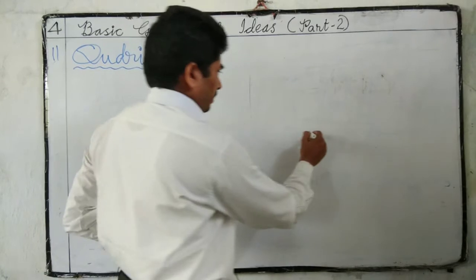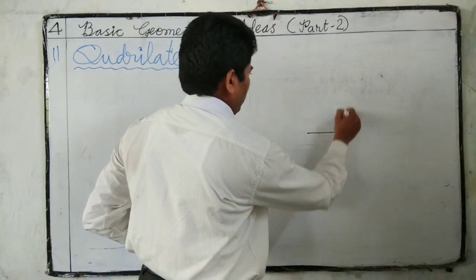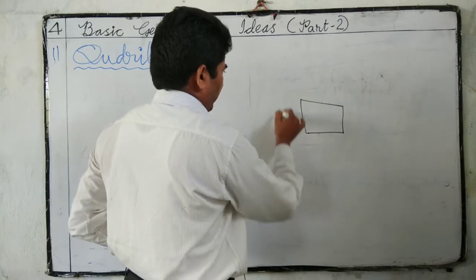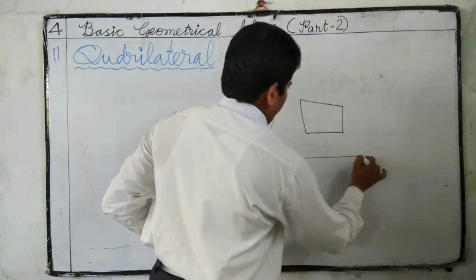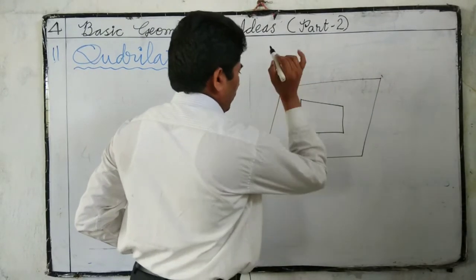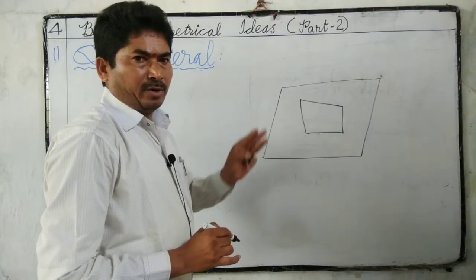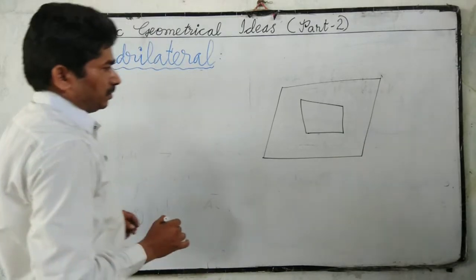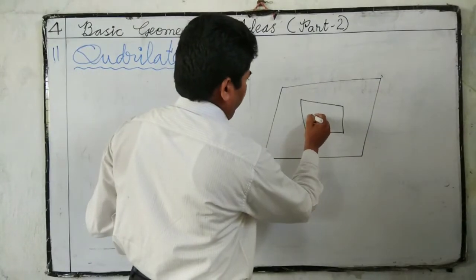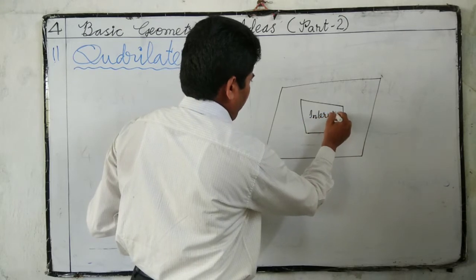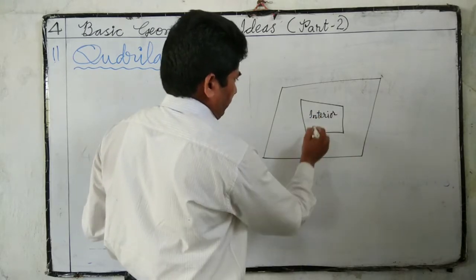A quadrilateral divides the plane into three parts. They are interior of the quadrilateral.